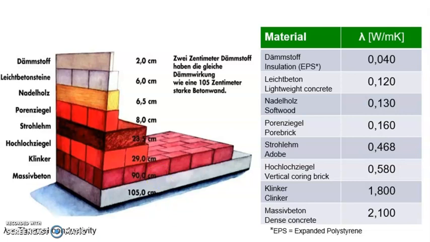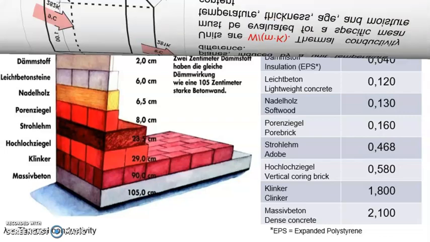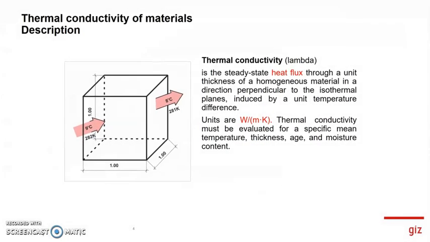So what is thermal conductivity? It is a steady state heat flux through a unit thickness of homogeneous material and so on and so on. I believe that to you because we do not really need how it is calculated. You would need the units and to know what it is.